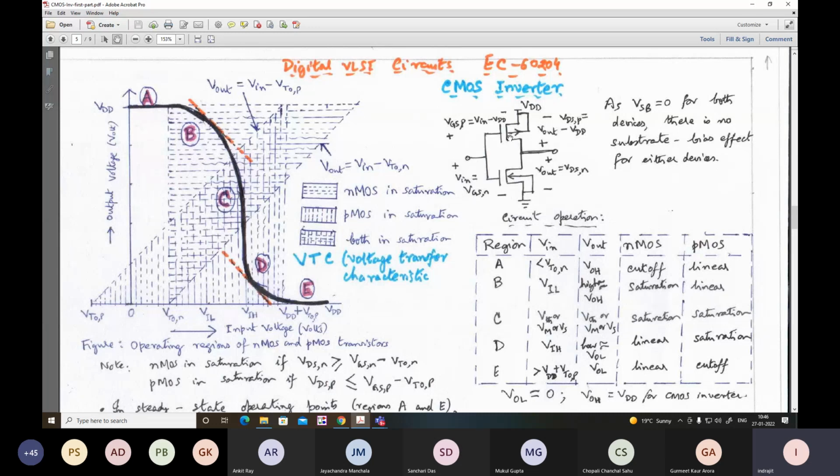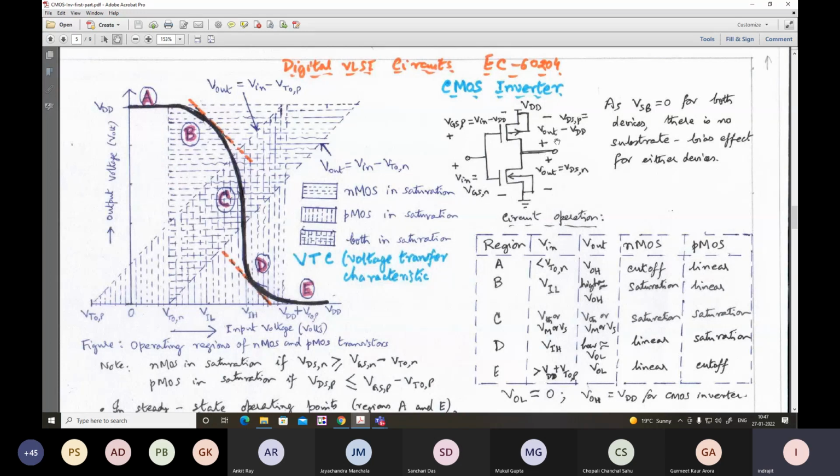Then as the input voltage goes past the threshold voltage of the NMOS transistor, what happens? The NMOS transistor comes on and is in saturation, because it will provide quite a lot of resistance. However, the PMOS transistor offers very small resistance, so this plays the role of a driver. It can pull the voltage towards the higher side.